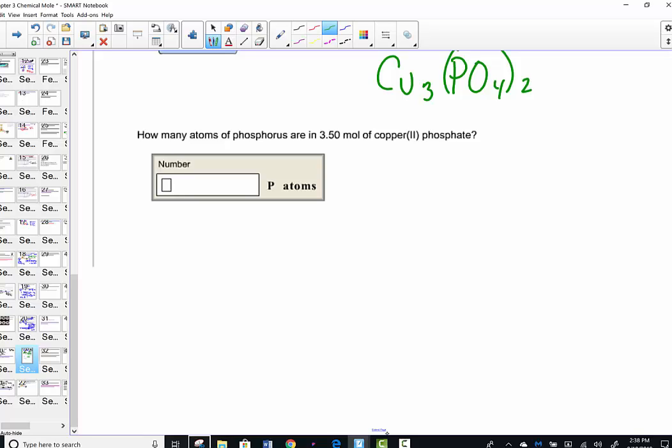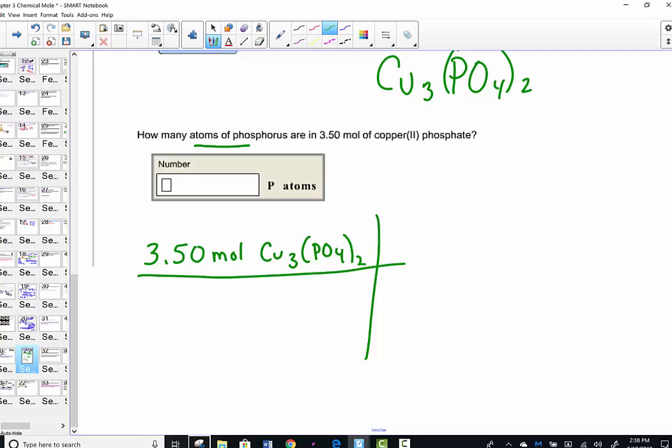I agree. Beautiful. You know it's 2 because we're counting something smaller than the compound we just wrote. We're going to count individual phosphoruses, the P's inside that formula. So we're going to start by writing its number, 3.50. Its unit is a mole unit, and its formula, copper 3 phosphate.